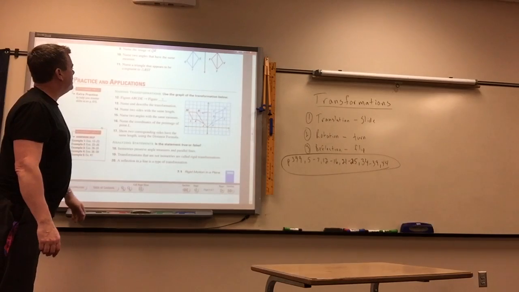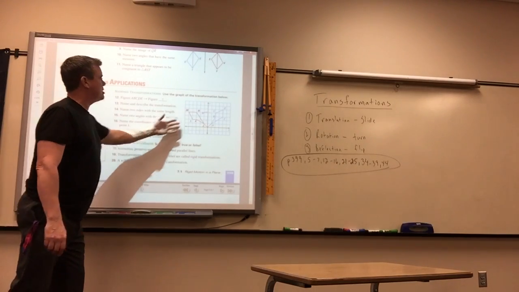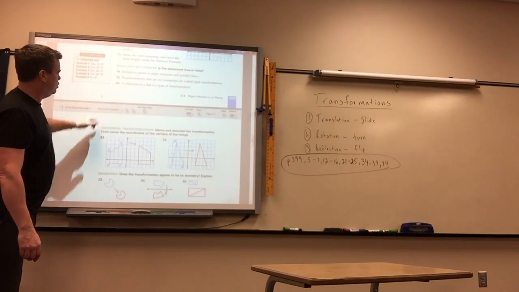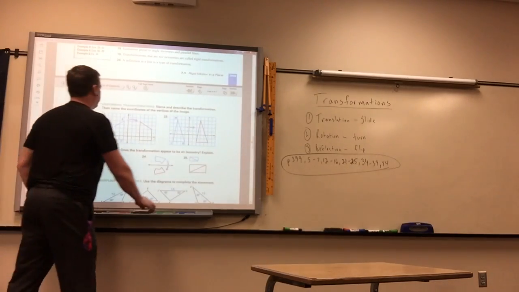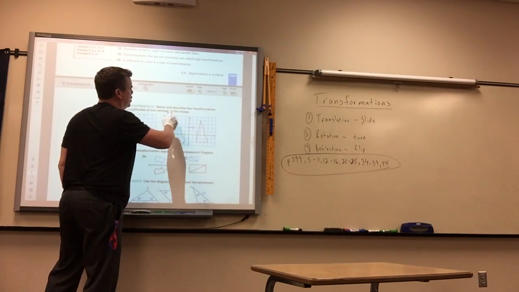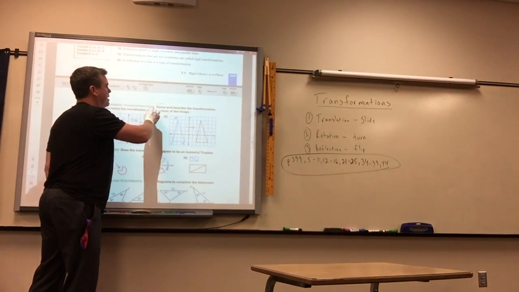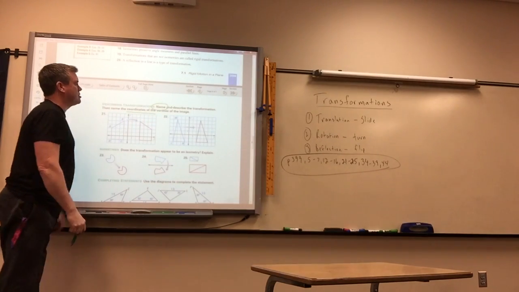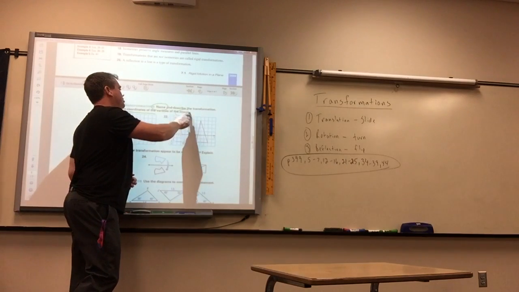Okay. So on here, you just got to look at this picture. I want to point out on 21 and 22, name and describe the transformation. You don't need to describe it like we did, just name it. And then remember, name the coordinates of the image.